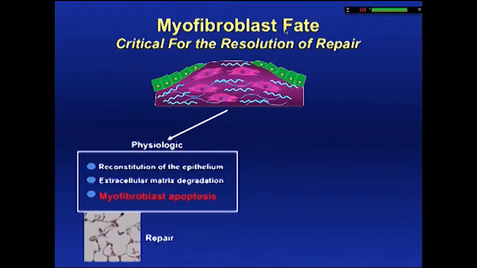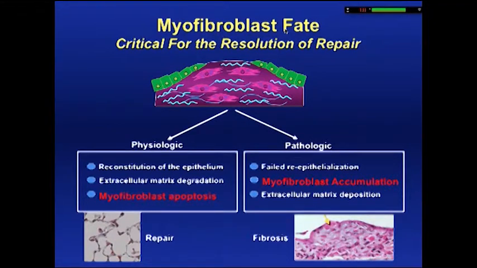Physiologic repair requires that with precise temporal regulation, the epithelium becomes reconstituted and the basement membrane is reformed. All of that provisional and new extracellular matrix needs to be broken down and then organized into a physiologic scar, and the myofibroblasts need to undergo apoptosis.